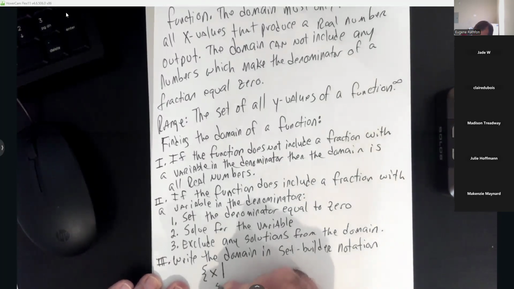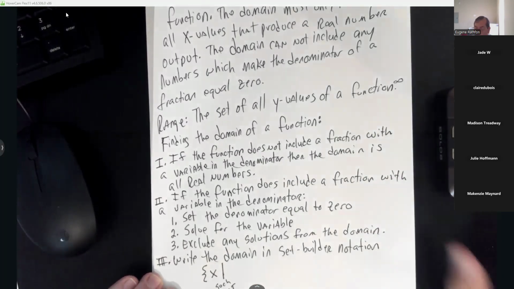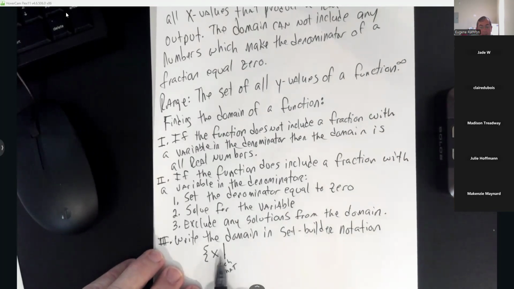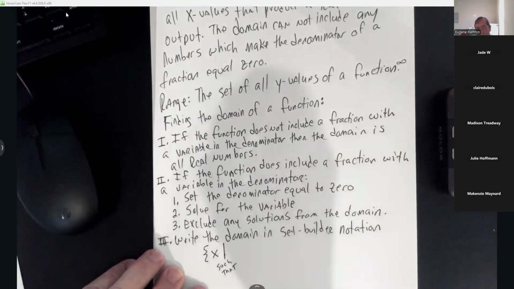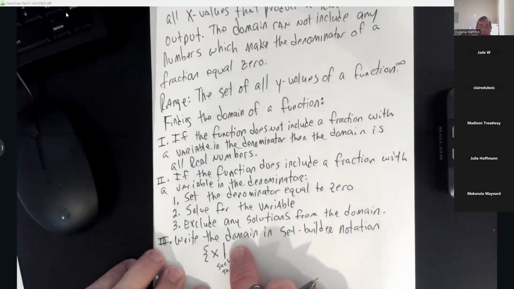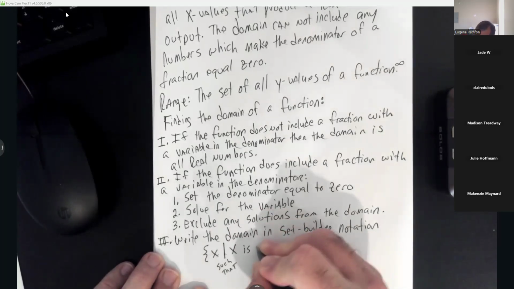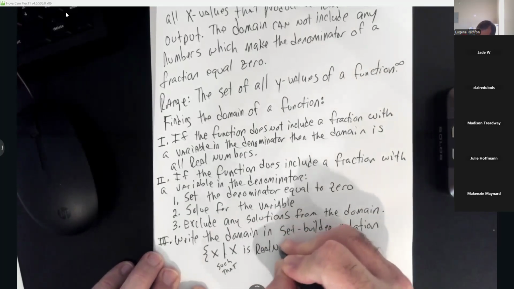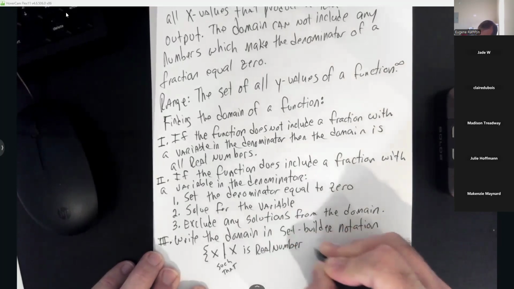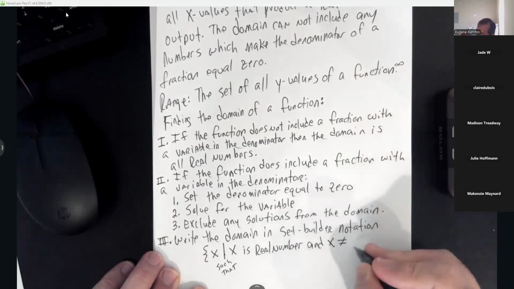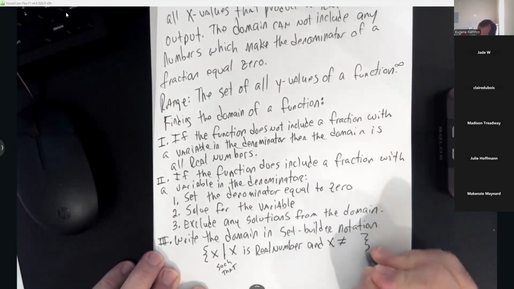Now remember, that bar means such that. Oops, let me pull that down just a little bit more. So x such that, and then you put the condition like x is a real number, and x cannot equal blah, blah, blah.